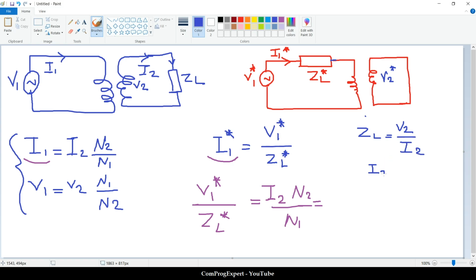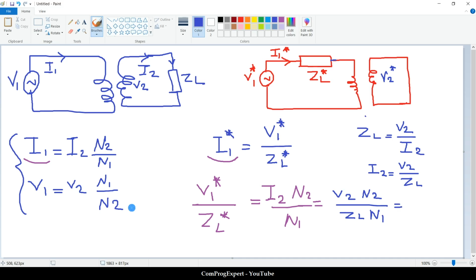So I2 is equal to V2 divided by ZL. So this is V2 N2 over ZL N1. What is the value of V2?